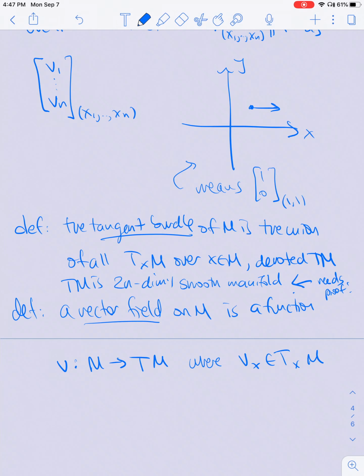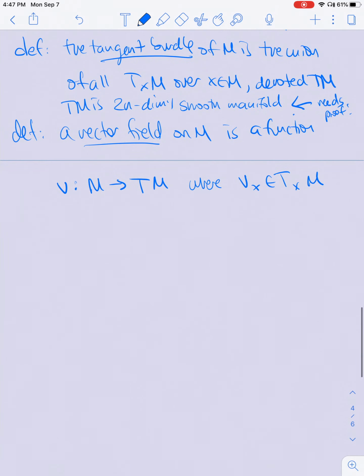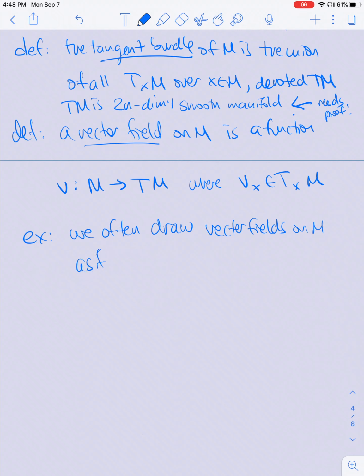Right, so maybe an easier way to draw a vector field. An example of a vector field. We often draw vector fields on M as if TM gets subsumed into M. But for one manifolds in R^2, or one or two manifolds in R^3, sometimes we can do better.